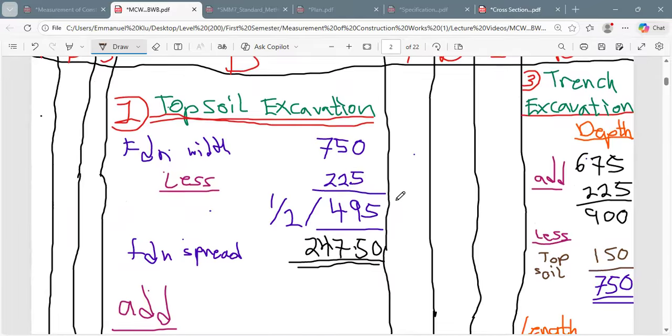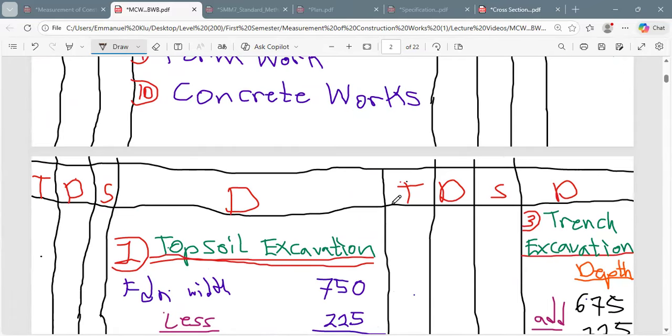I think that is going to become our four. Okay, that is going to become our four.